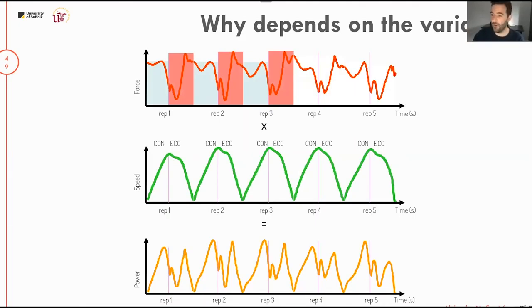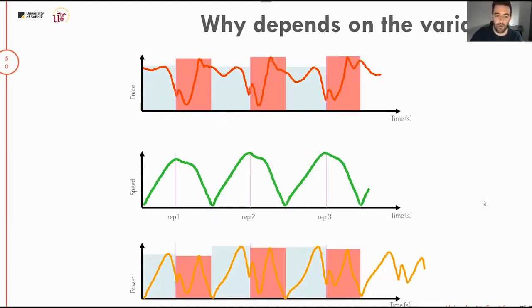But what about power? Since power is the product of force times speed, what we have here is that peak power is not, in this sample, showing an eccentric overload. So be aware when you use the term eccentric overload to refer exactly to which variable you are talking about on each case.